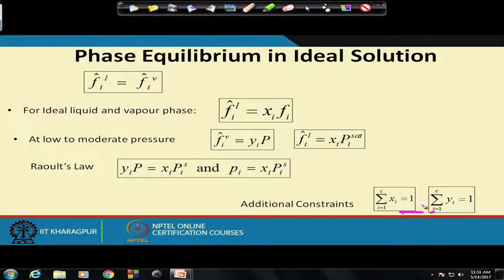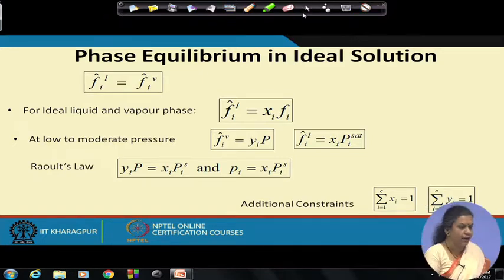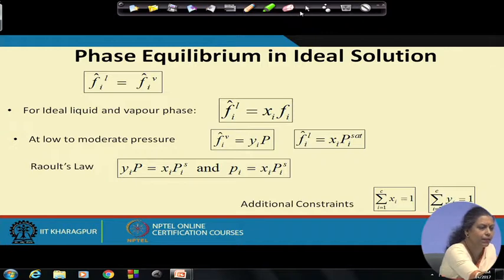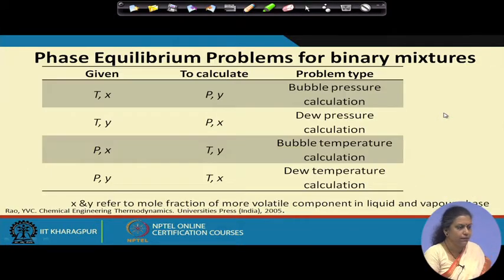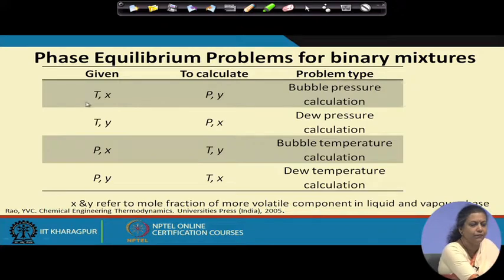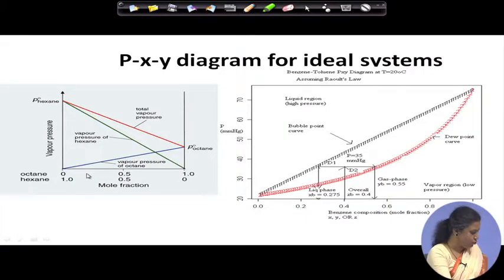So, what are the things that we can vary? We can vary either T and x, T and y, P and y, or P and x, and so on and so forth.